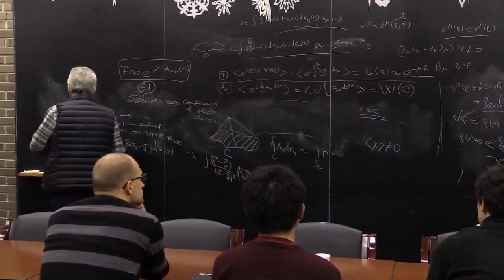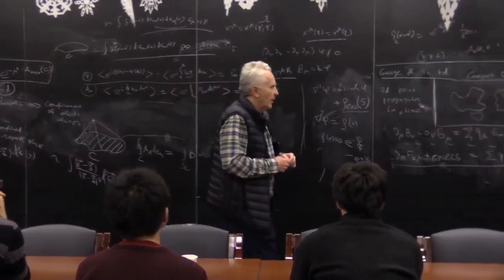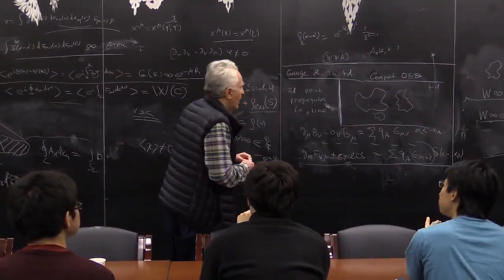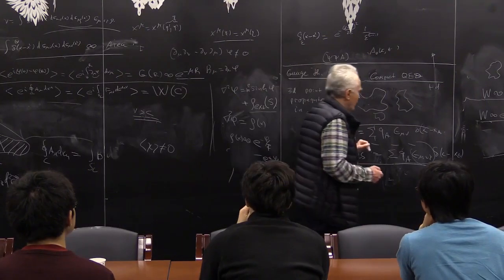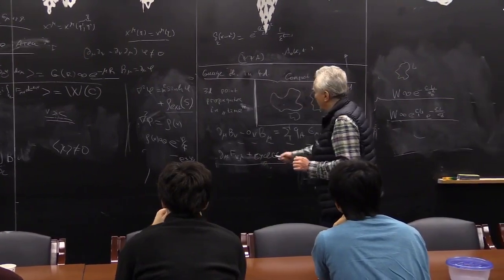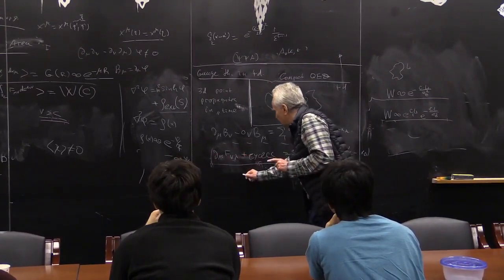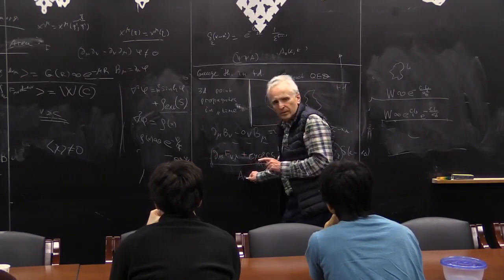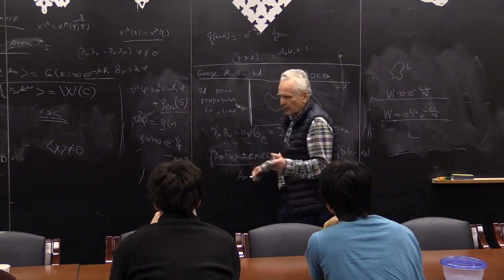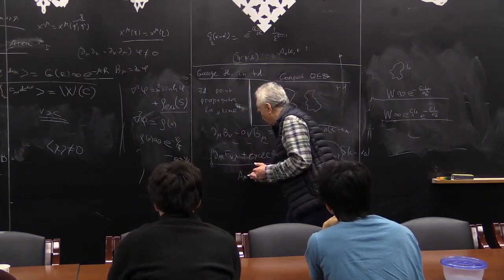So why is the 3D superconductor related to 4D gauge theory and not 3D gauge theory? Say it again? Why is the 3D superconductor related to 4D gauge theory? Oh, because of the structure of the Bianchi identity, we have here dimension 3. You see, in gauge theory, we have the vector potential A mu, which is a one-form, a rank 1 tensor.